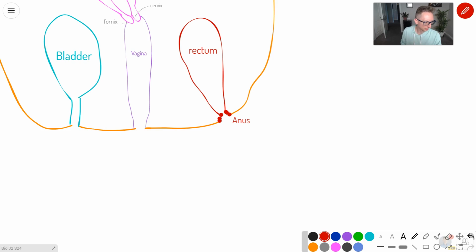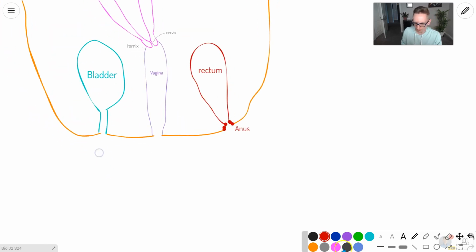Boom, boom, boom, boom. Boom, boom. Okay, on the outside, we got some structures. We got some skin folds here. Kind of protect this business.